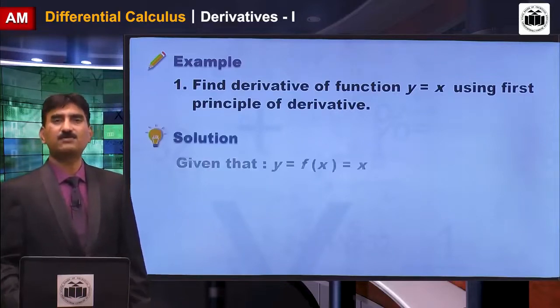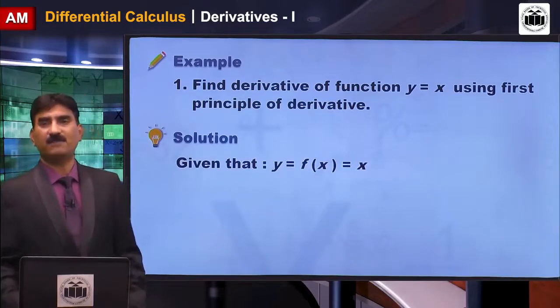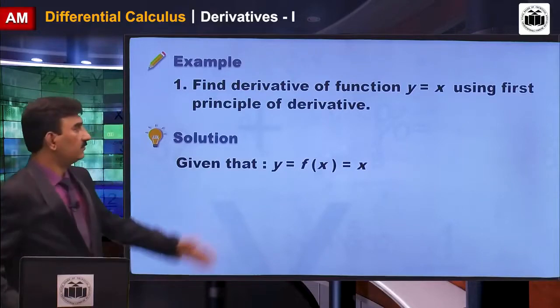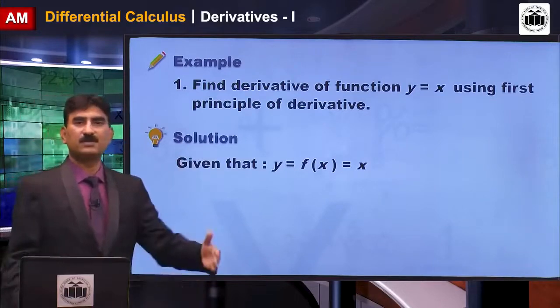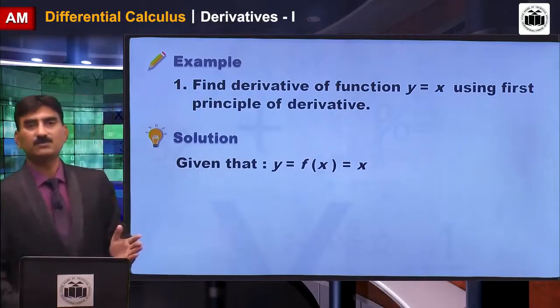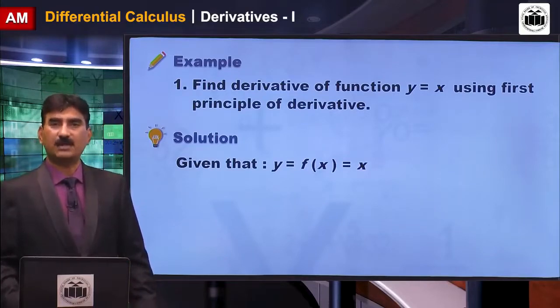So here first we see what is our function f(x). So y equal to f(x) equal to x. So students, see here the meaning of y is nothing but f(x) or f(x) is nothing but y. So we write down here y is equal to f(x) equal to x.